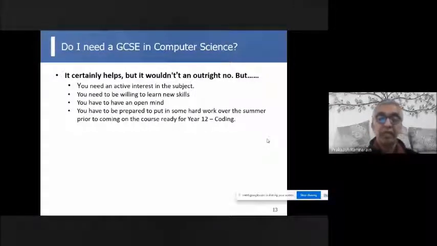And at A level, especially, you need to be dedicated and hardworking. So if you show an active interest in the subject, you're willing to learn new skills, you have an open mind, and you're prepared to put in that 90% of hard effort and work on your own, then you can do the course without doing the GCSE in computer science is my short answer.